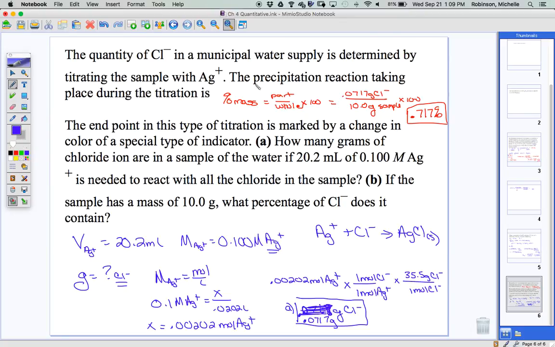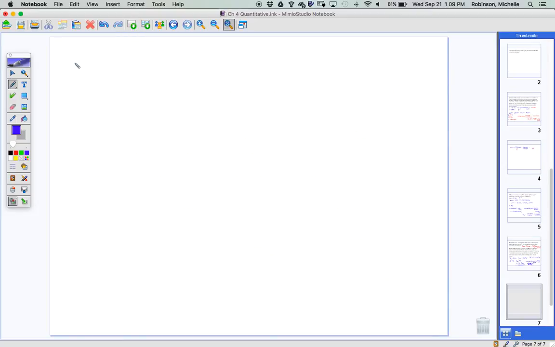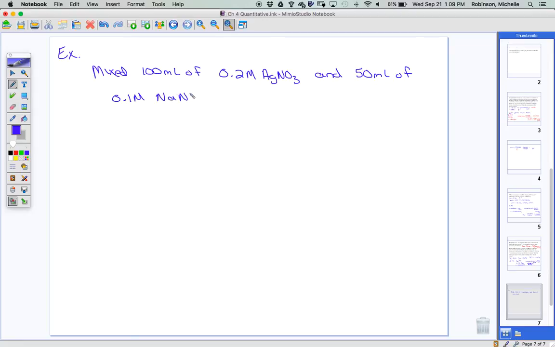All right, one more type, and I didn't type out an example, so let me write one. Let's do another one, because it was what James was asking about the other day. What if you mixed 100 milliliters of 0.2 molar AgNO3 and 50 milliliters of 0.1 molar NaNO3?